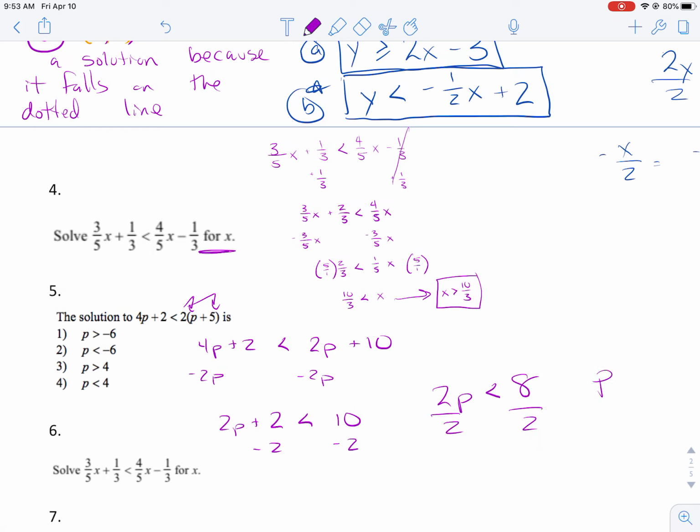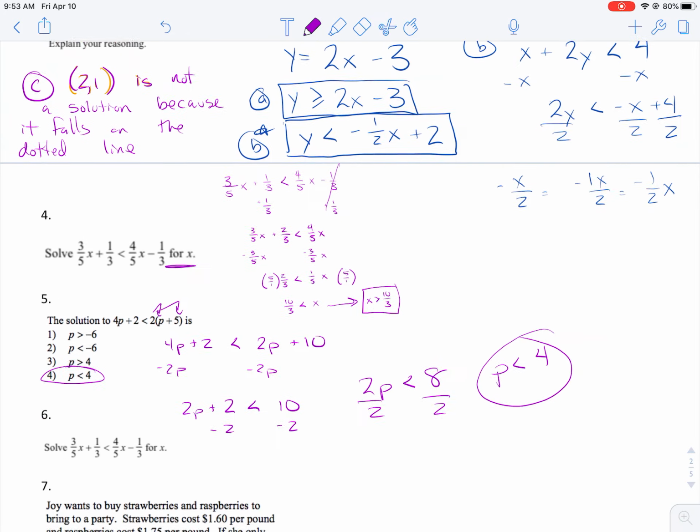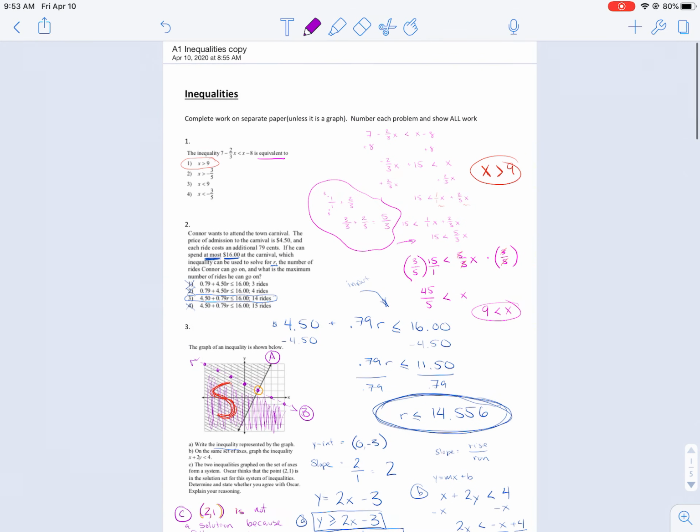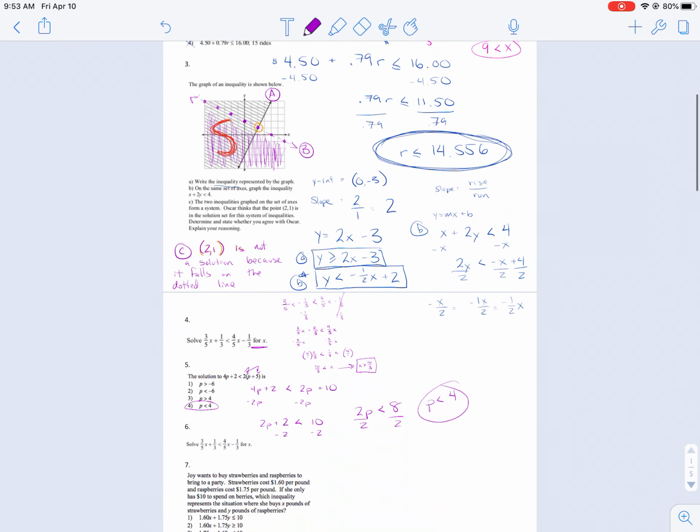All right, subtract 2. So you get 2p is less than 8. Divide by 2. p is less than 4. Excuse me. And so those are your answers for 1 through 5.